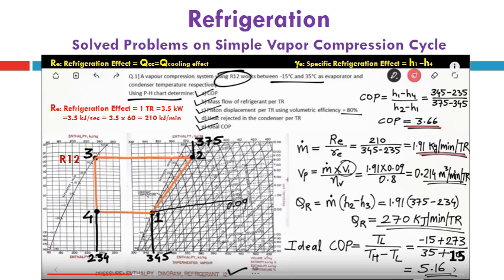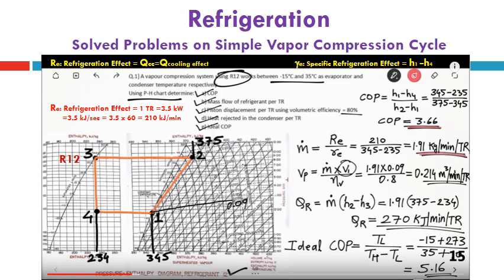The total heat rejected in the condenser can be estimated by Q condenser equals m dot times H2 minus H3, which is equal to 1.91 multiplying by 375 minus 234. We can get that the Q rejected in the condenser equals 270 kilojoule per minute per ton.